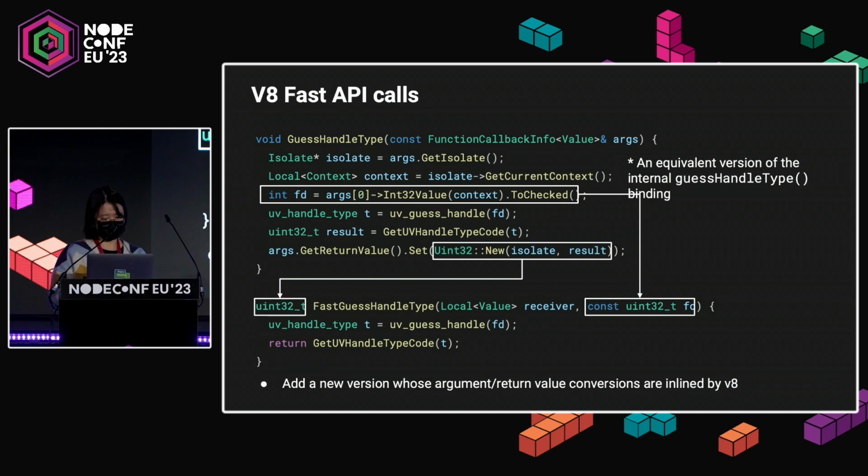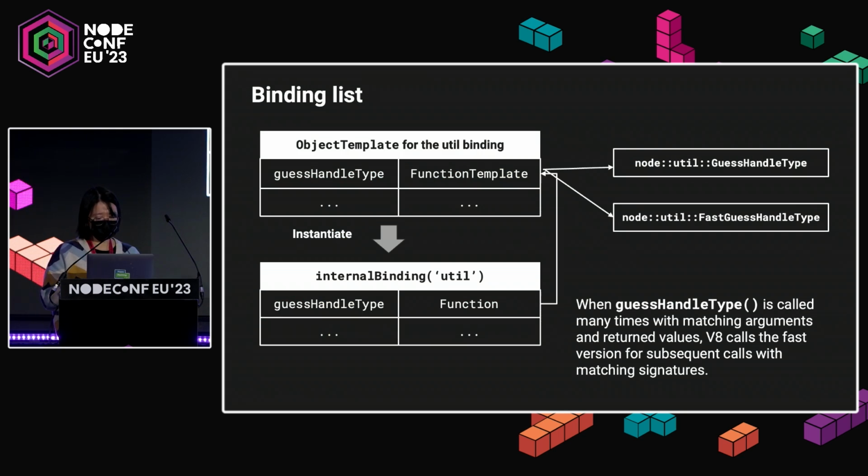Now, to add support for fast API calls, we add another implementation here called fast guess handle type. So in the fast version, there's no need to worry about the arguments or converting the return values. V8 will do that for us. Now, similar to the fs open function we looked at before, this function is stored in a binding called util, and in function templates of that, we give V8 two native functions, the original one and the fast one.